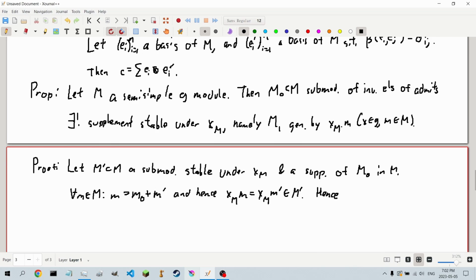Hence, every element in M1 is in this M prime.